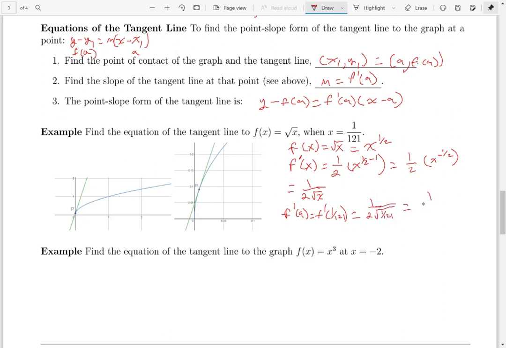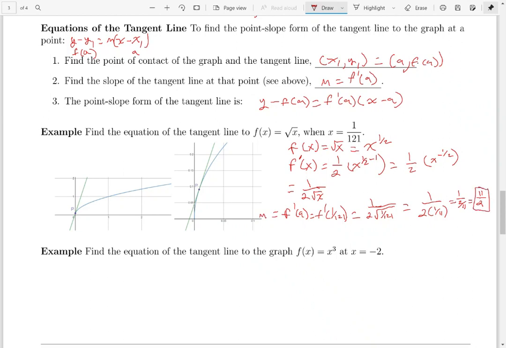But that's going to be 1 divided by 2. The square root of 1 is 1. The square root of 121 is 11. And so that's going to be 1 over 2 over 11, which then becomes fraction multiplication, or 11 halves. And so now I know that this is my slope.